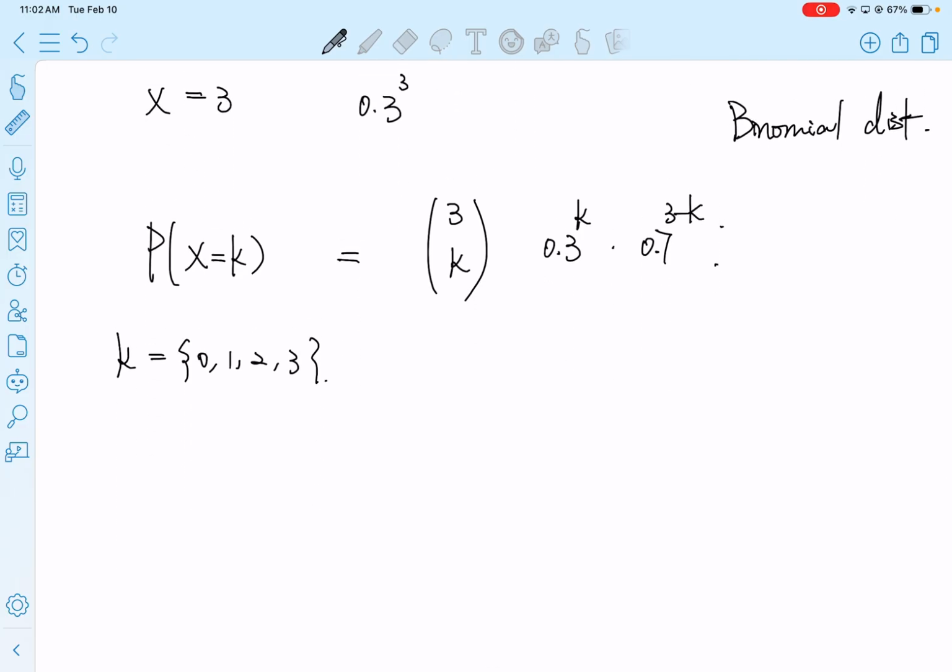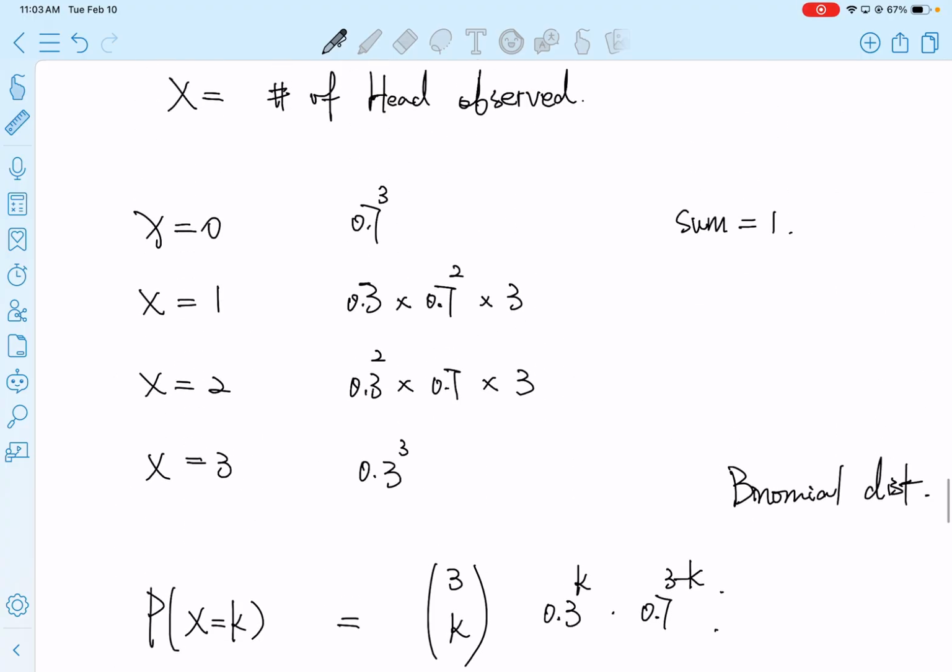The binomial coefficient is a way to count how many occasions we can get by throwing 3 coins and getting different numbers of heads and tails.